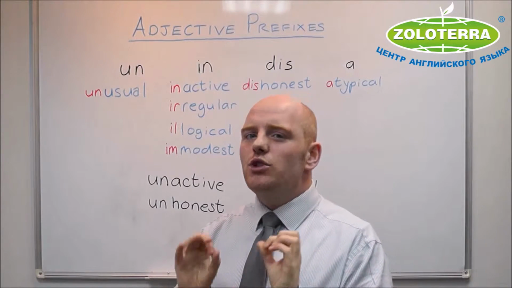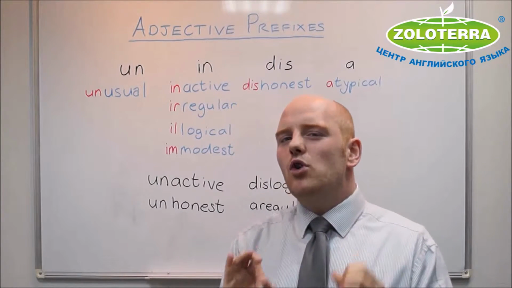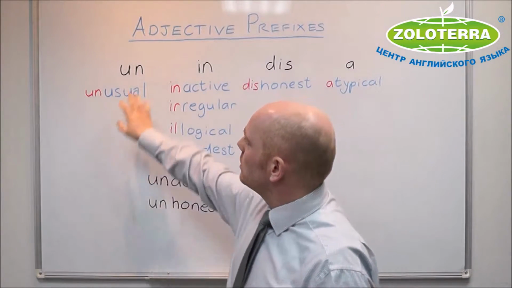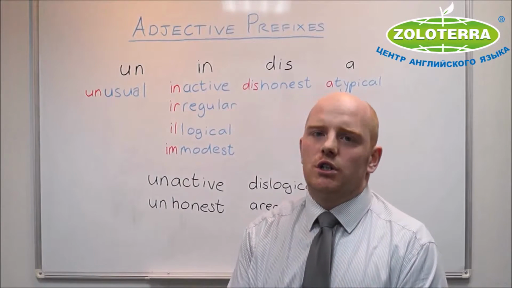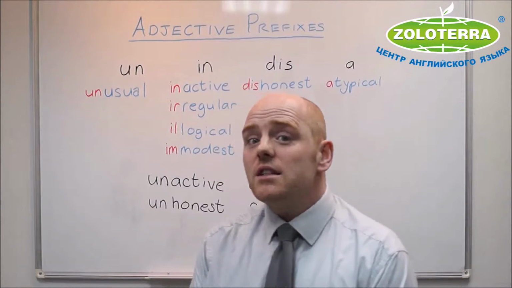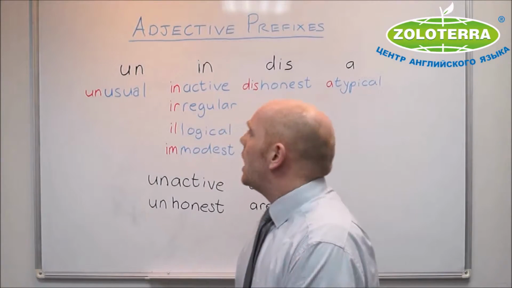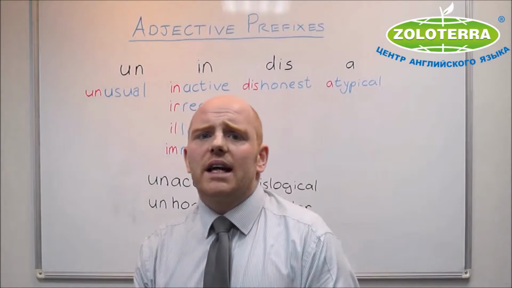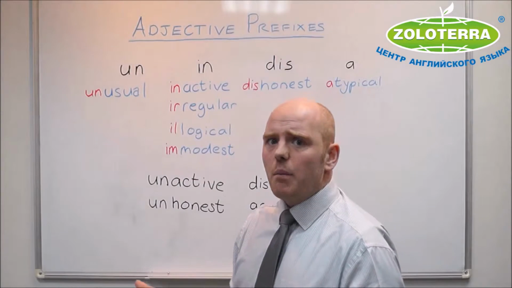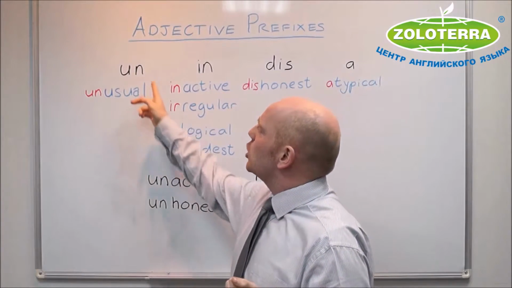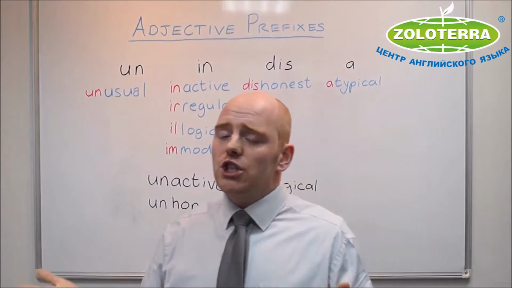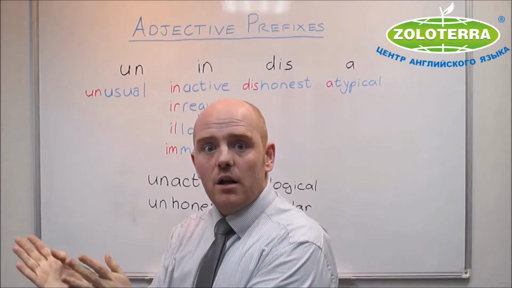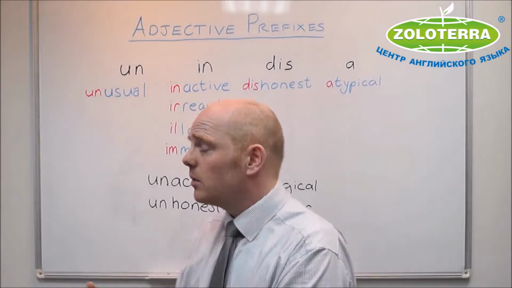if ever you are not sure which prefix to use, use un. And the reason for this is simple. The prefix un works a lot like nie in Russian. Okay? If an English person hears un, he knows or she knows it is the opposite to the adjective that follows.